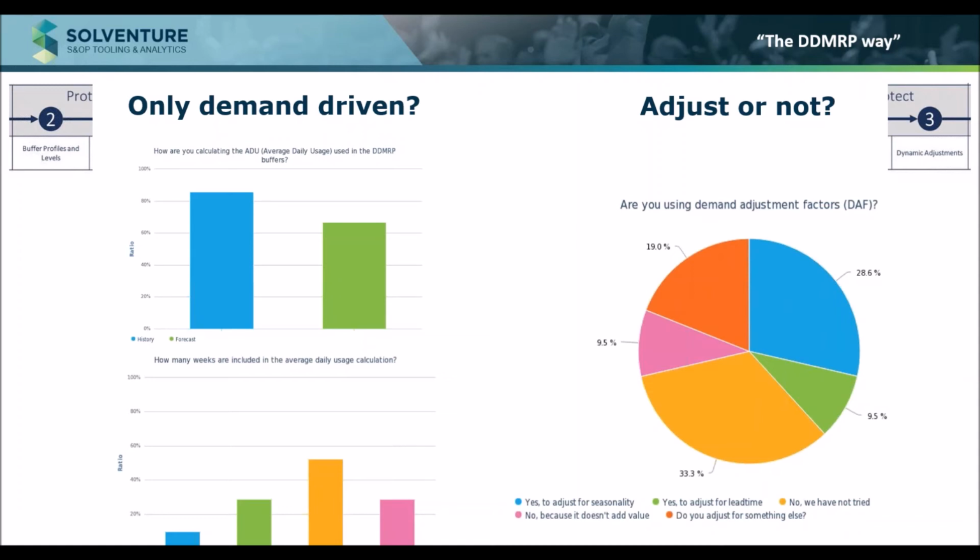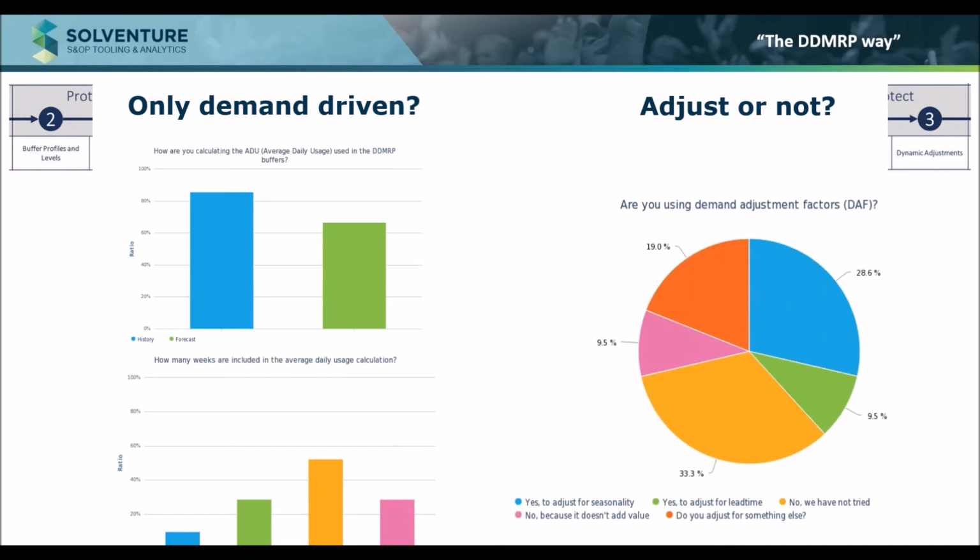But no, actually a lot of them either use forecast or use a mix of both. So they use what they have calculated to really drive the buffer. So setting the buffers seems to be not purely demand, but there are also already some elements of forecast in there. It seems that the way the supply chain community is implementing DDMRP is already a little bit beyond what the original scope of DDMRP was.